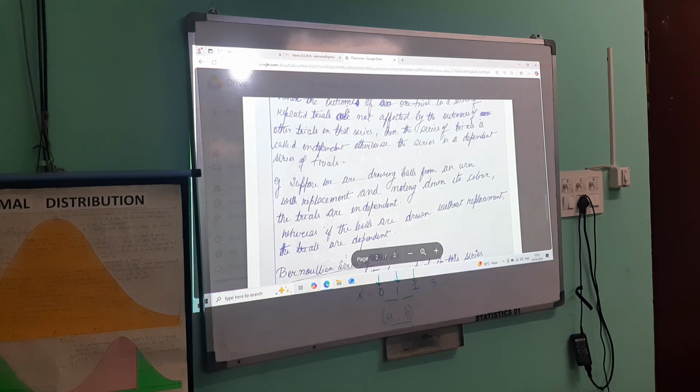Suppose we are drawing balls from an urn with replacement and noting down its color. The trials are independent. Whereas if the balls are drawn without replacement, then the trials become dependent.